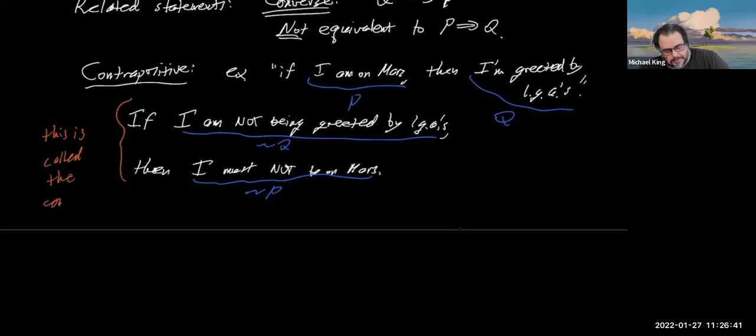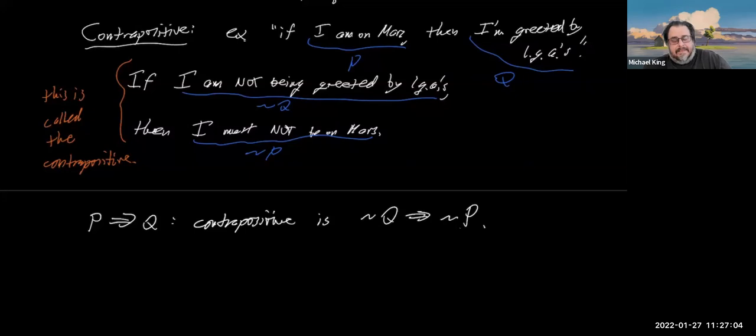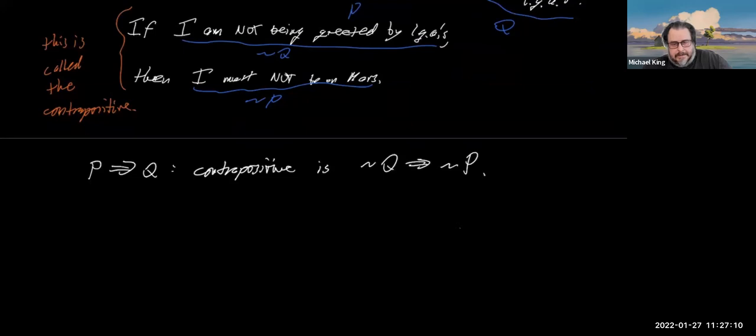So if we have P implies Q, the contrapositive is not Q implies not P. And they are logically equivalent. They're the same thing. In fact, you could check the truth tables. The converse was not, but the contrapositive is.